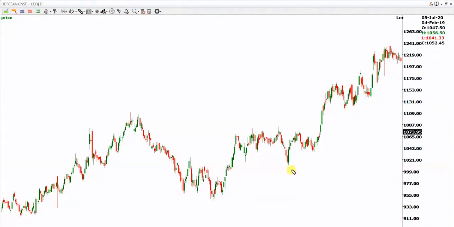Apply this technique and try to mark the accumulation phase, markup phase, then distribution phase and markdown phase.